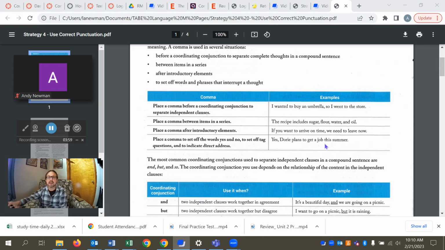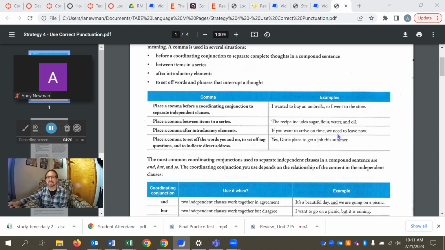Okay. A comma after introductory elements, an introductory phrase or clause. If you want to arrive on time, we need to leave now. So this was an introductory clause. The subject, you. The verb is want, but it introduces the rest of the sentence.